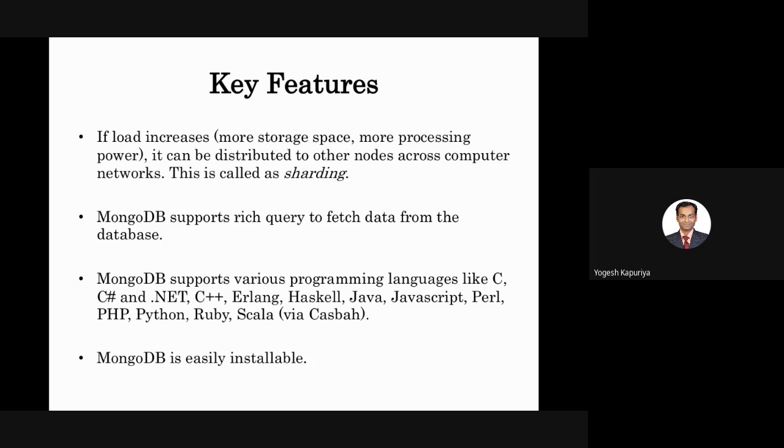So if the load increases on one machine, then you can distribute the load. That load can be from a storage perspective or from a processing perspective. From any perspective, if the load increases, then you can distribute it to different machines within the same network. And that process is called sharding. We will discuss how to do it in detail.